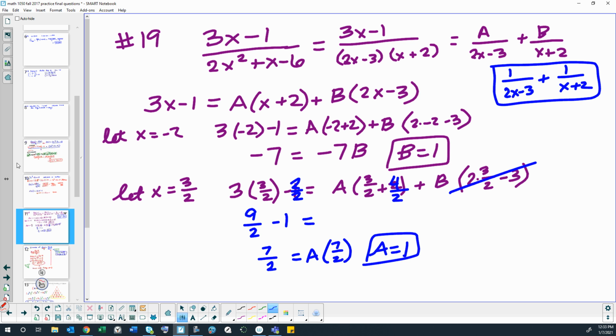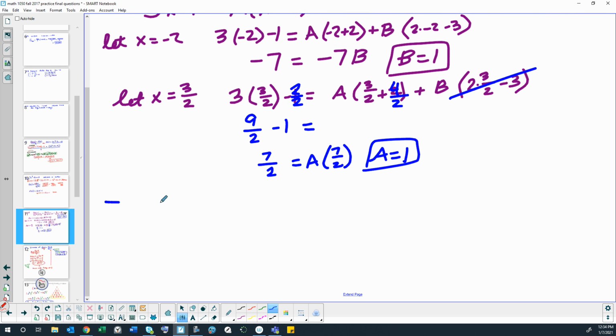Now, for what you need to know, it's less about how to factor and less about how to solve for A and B, and it's more about making sure you know how to set up the problem.